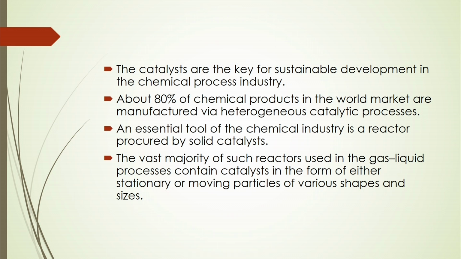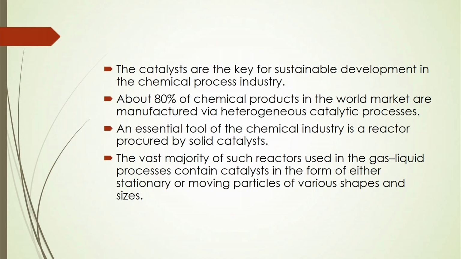In that case, catalysts are the key for sustainable development in the chemical process industry. We have already said that around 80% of the chemical products in the world market are manufactured via heterogeneous catalytic processes.